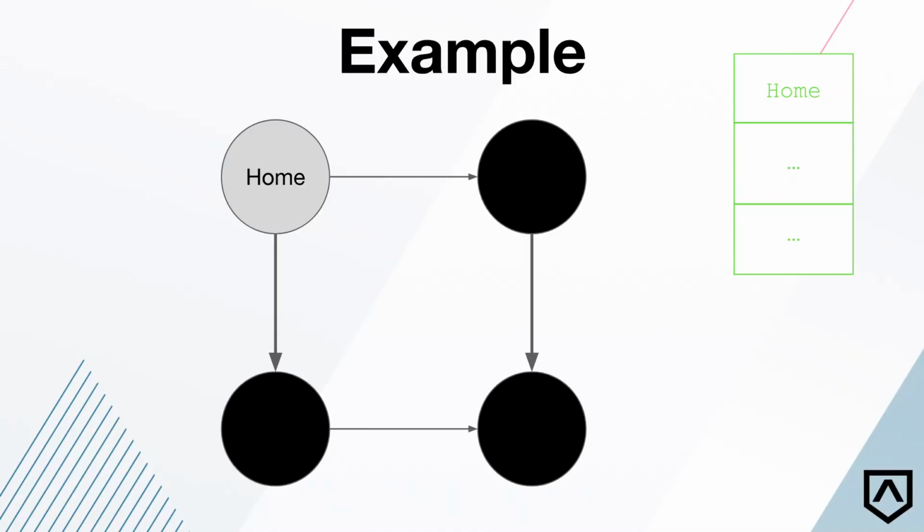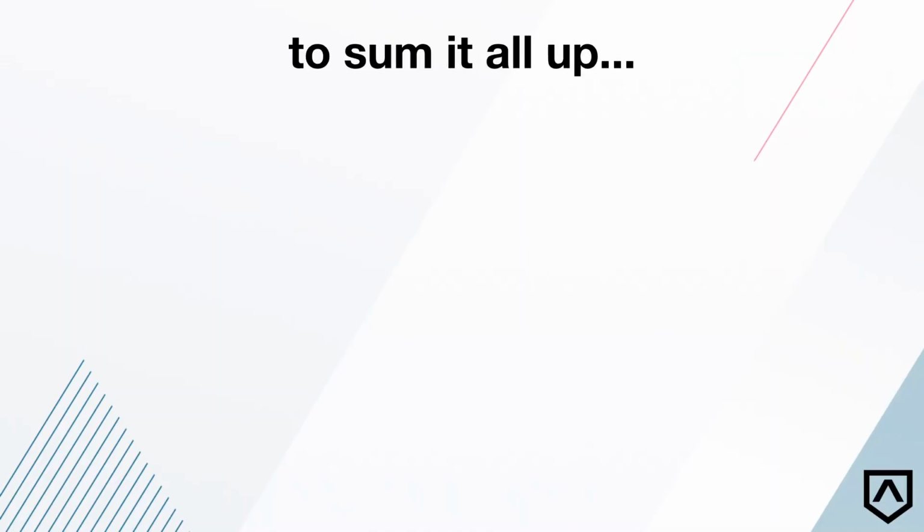So we go ahead and pop that. Now we're back to home again, but this time there are no more unexplored nodes left that we can get to from home. So at this point, we can finally say, all right, our root node, our starting node, has fully been explored, and we can pop that off the stack.